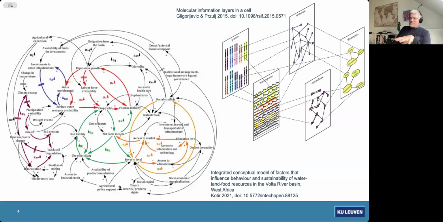So in these systems, there are many feed-forward and feedback loops, and those feedback loops may be reinforcing. So basically, they reinforce each other, or they might be balancing. So they keep each other in balance. Right? So completely opposite effects.